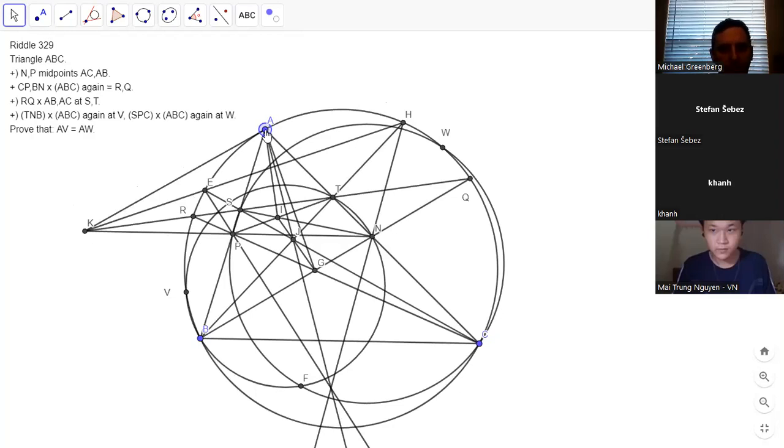Oh, looks like EHPN is cyclic. EHPN. And that might prove that those are collinear by power of a point, maybe.